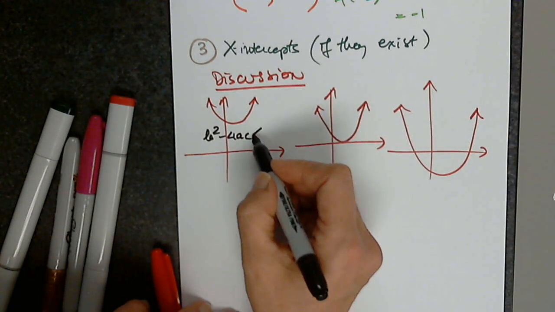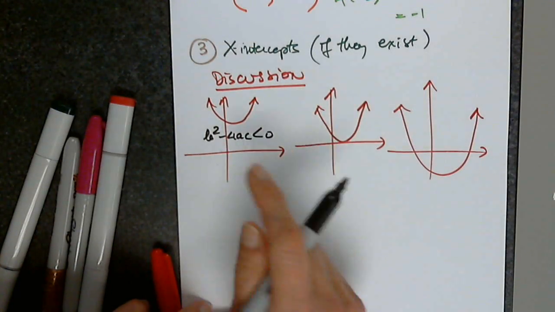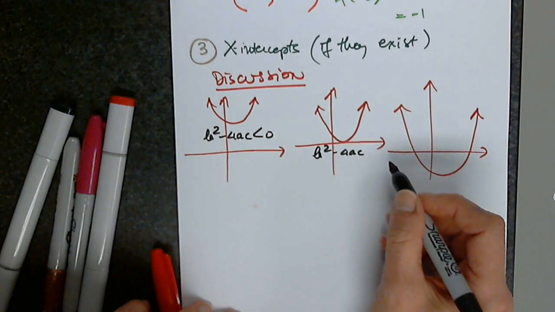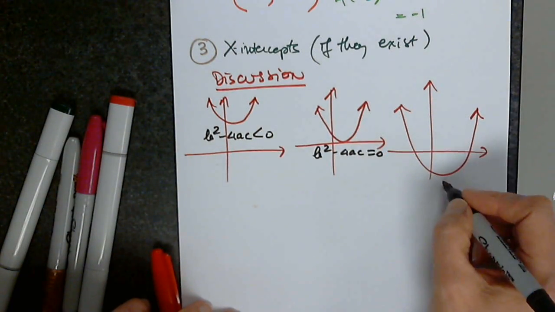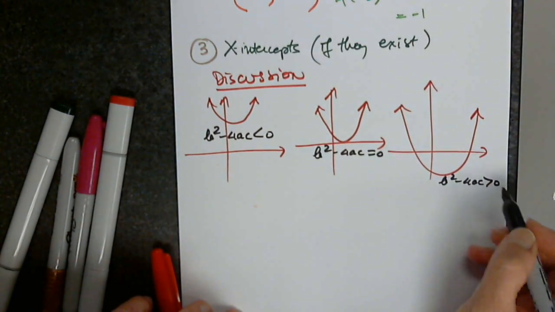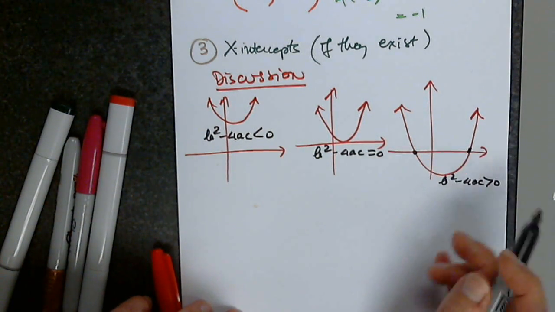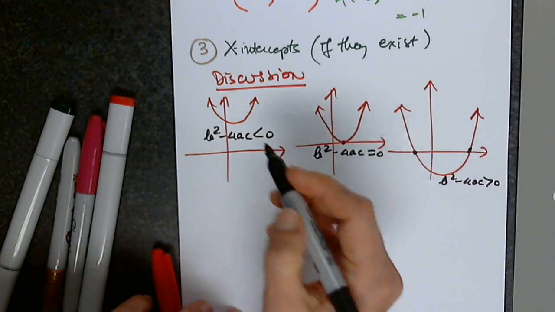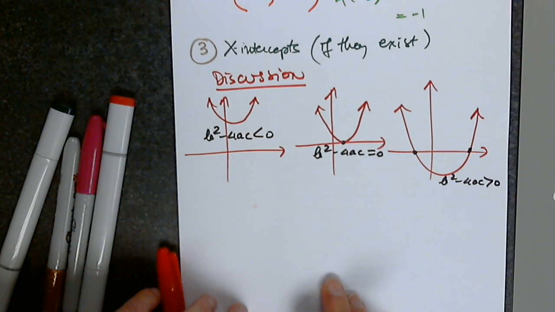But exactly, there are no solutions. Good. What about here? b squared minus 4ac must be? Absolutely. And here, b squared minus 4ac must be? Absolutely, because it has two distinct real solutions, one solution, but we know it's a double, and no solutions.